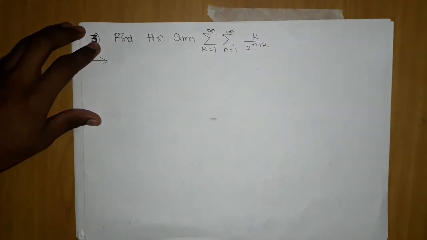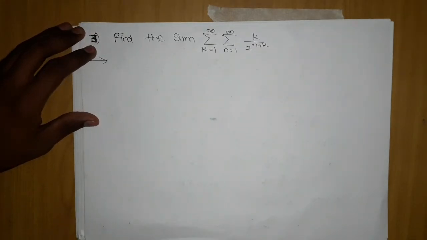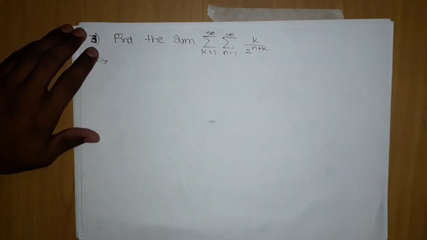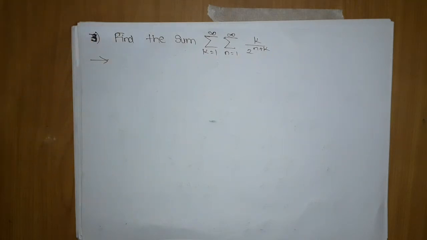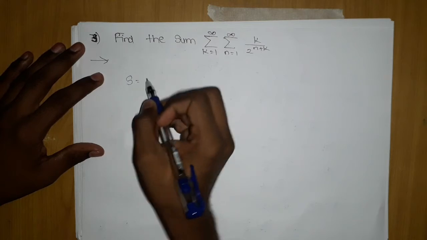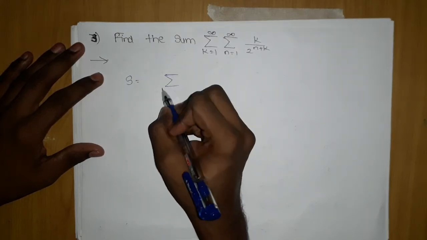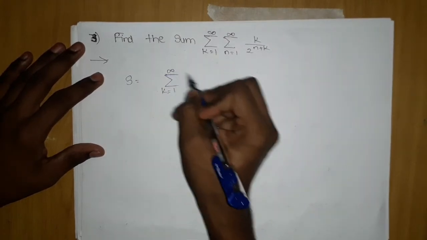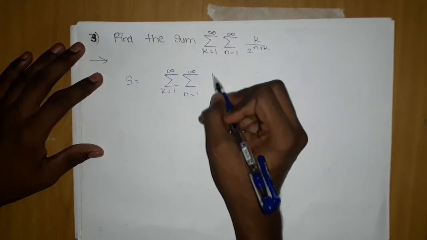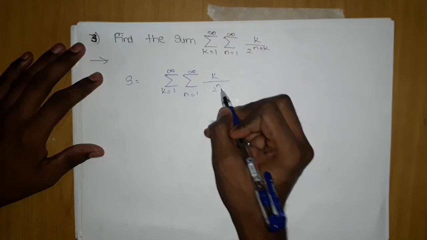So the problem is as follows: find the sum, where a double summation appears, from k equals 1 to infinity, and the second summation from n equals 1 to infinity, of k by 2 power n plus k. In this problem, first try to analyze what is given rather than directly approaching the problem in a blind way.